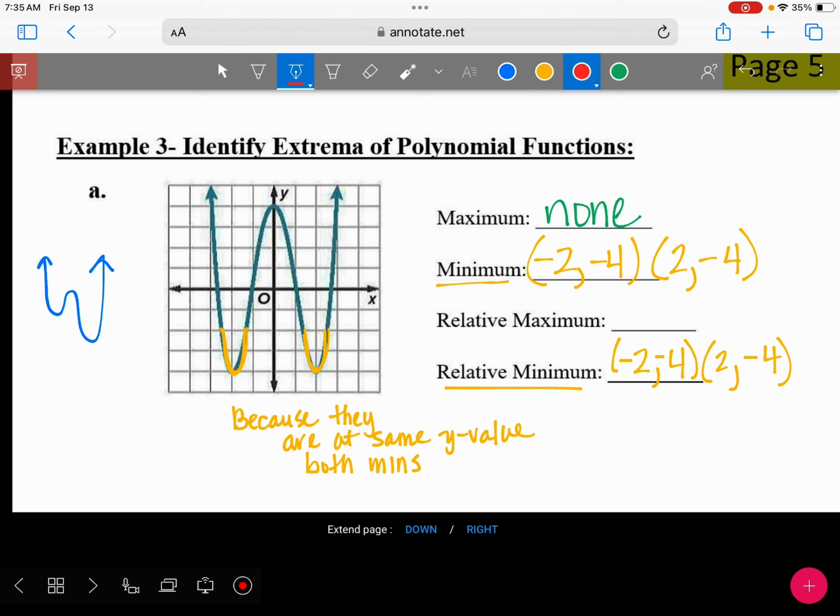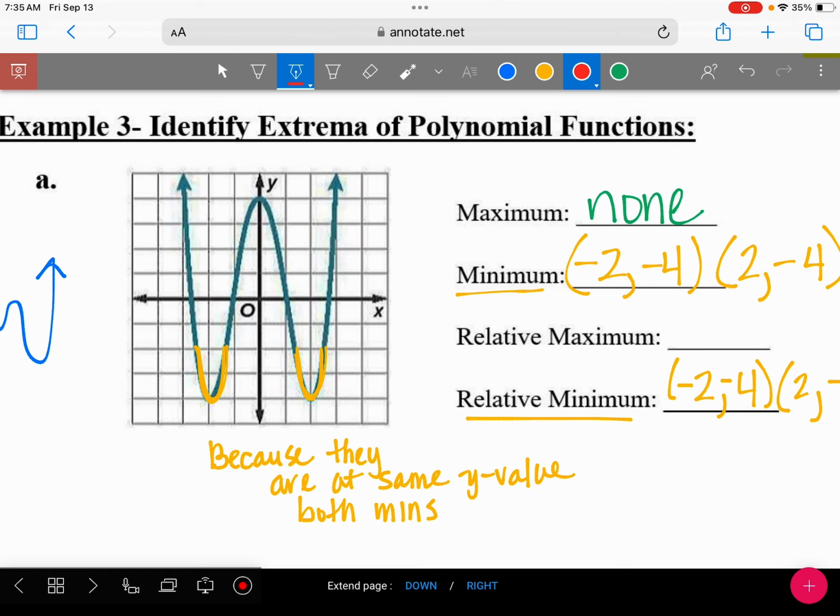Do you see any frowns in this graph? Any place where it's a frown? There is a place, and that's right here. And that would be my relative max. And that's at 0, 1, 2, 3, 4.